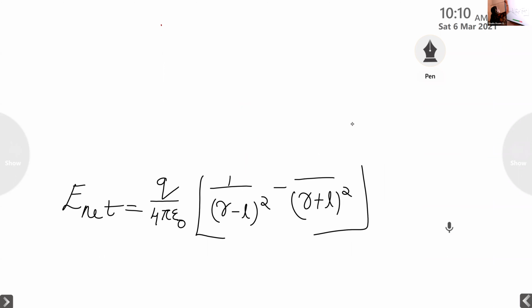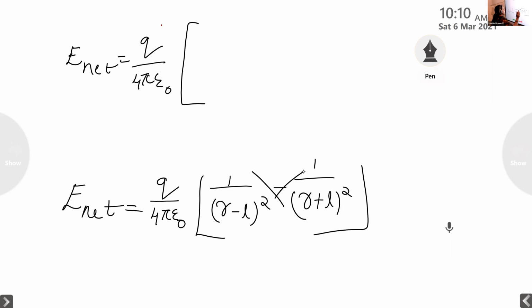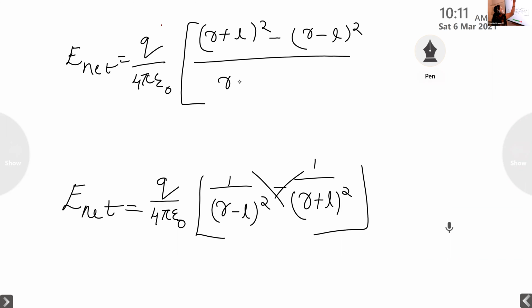The net electric field becomes equal to Q divided by 4 pi epsilon 0 into, inside the bracket, cross multiplying, we get R plus L the whole square minus R minus L the whole square, divided by R minus L the whole square into R plus L the whole square, right?